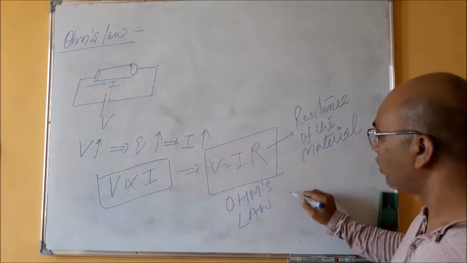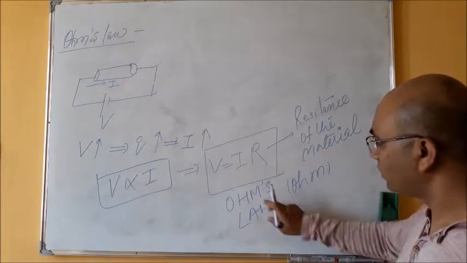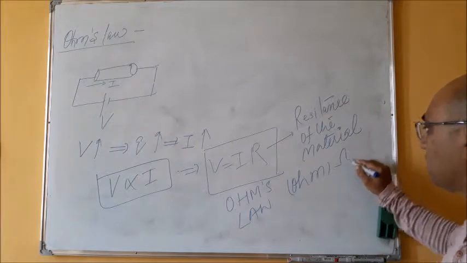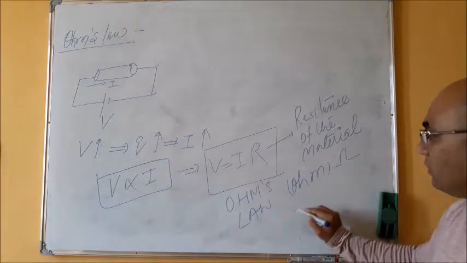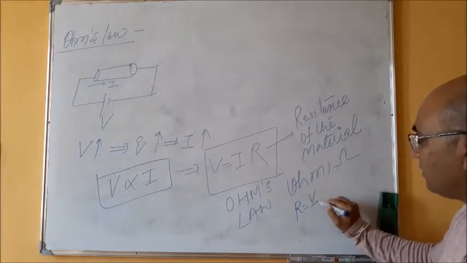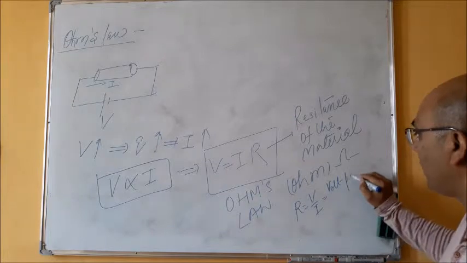Normally its unit is ohm, named after the scientist, and it is denoted by this symbol. If we find R, it will be V upon I, so the unit will be volt per ampere.